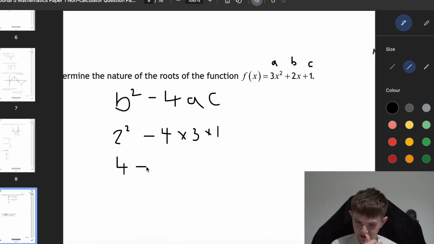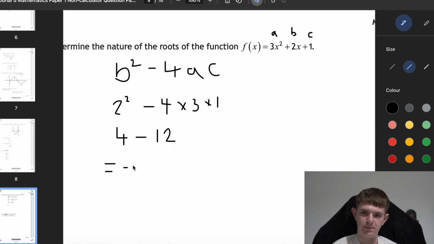Take away 4 times 3 times 1, so 3 times 1 is 3. -4 times 3 is going to get you -12. 4 take away 12 is going to get you -8. That's your answer, but we're not done there.